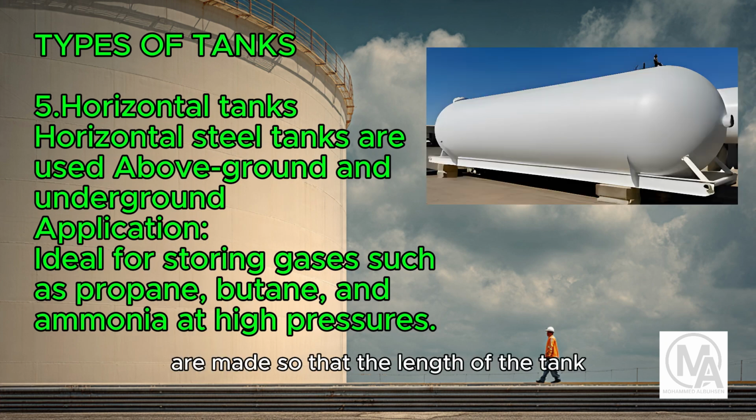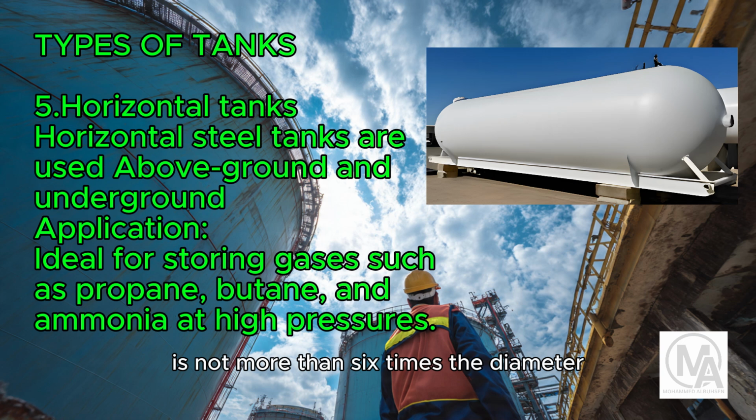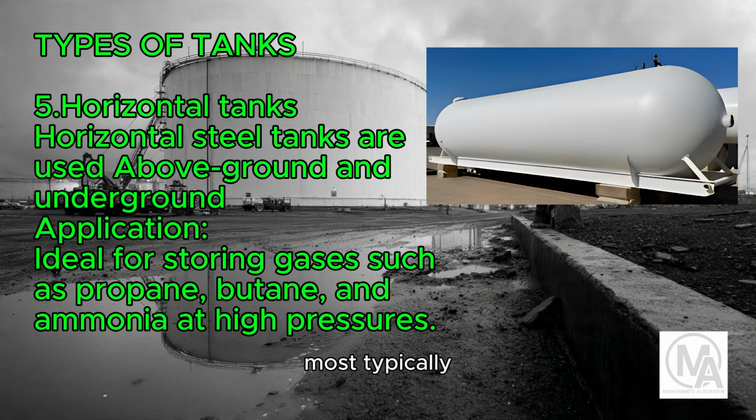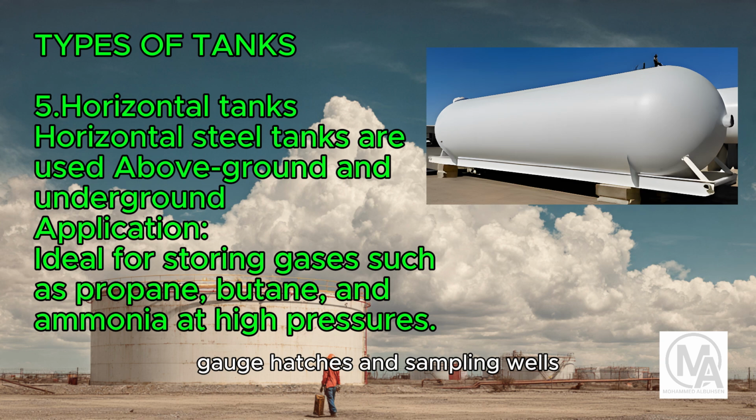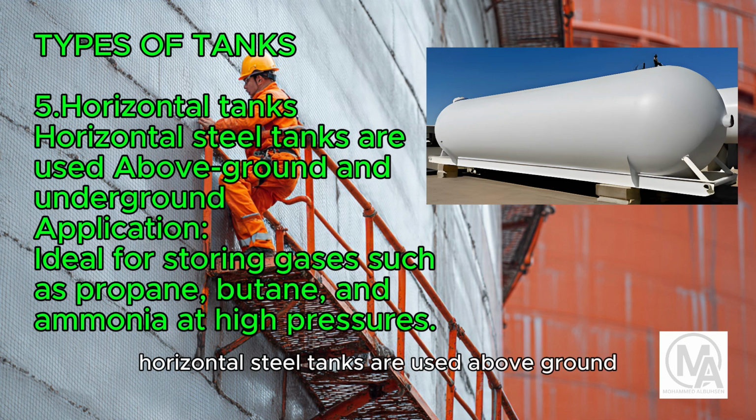Horizontal tanks are made so that the length of the tank is not more than 6 times the diameter to guarantee structural integrity. Most typically, horizontal tanks are fitted with pressure vacuum vents, gauge hatches, and sampling wells. Horizontal steel tanks are used above ground and underground.